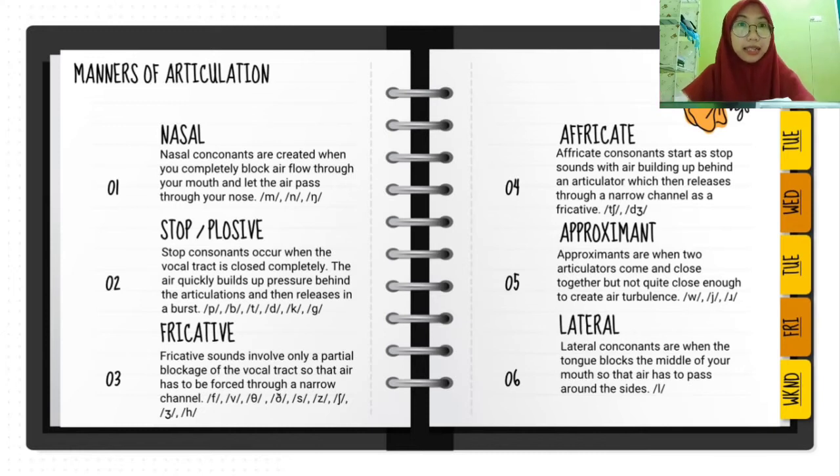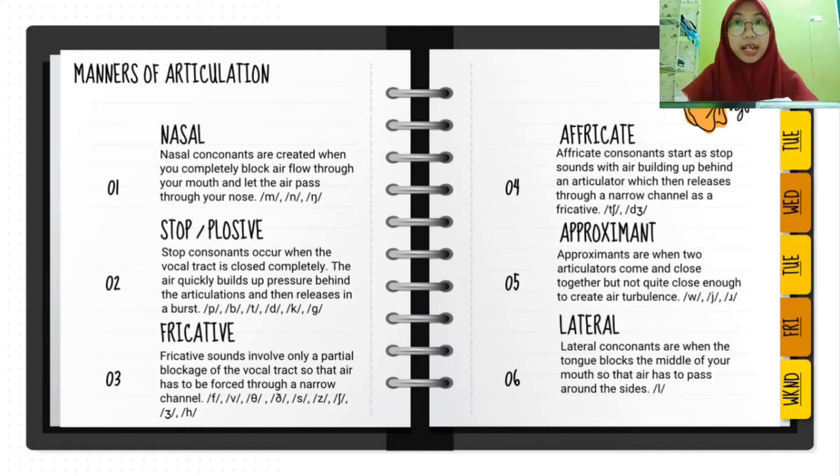The first one is nasal. Nasal consonants are created when you completely block airflow through your mouth and let the air pass through your nose. For example, mat, clam.